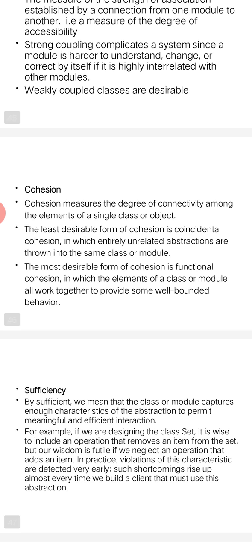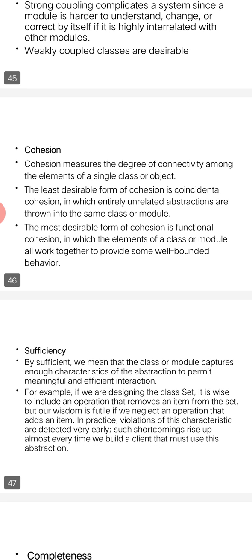Next, coming to sufficiency. By sufficient we mean that the class or module captures enough characteristics of the abstraction to permit meaningful and efficient interaction. By the meaning itself we can understand what sufficiency is. For implementing a problem domain, some requirements are sufficient.